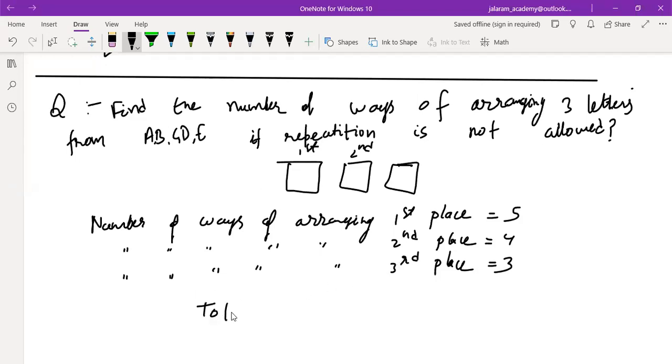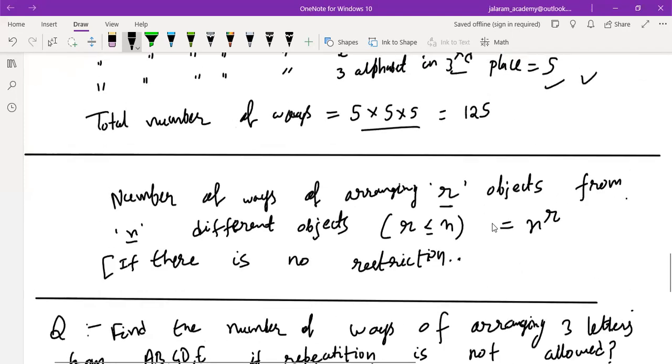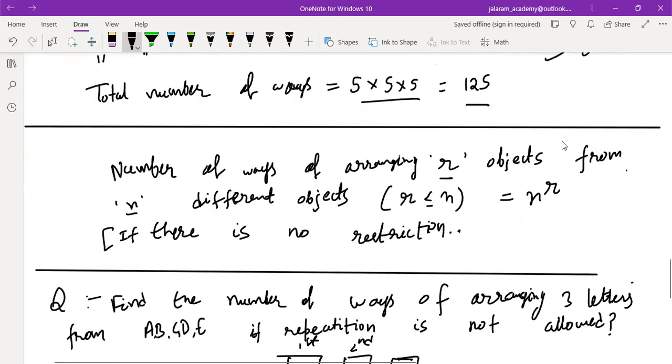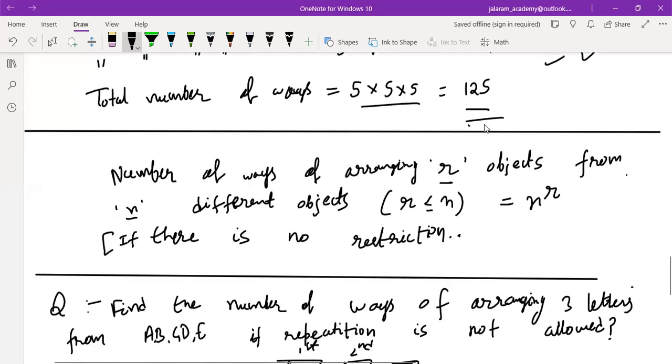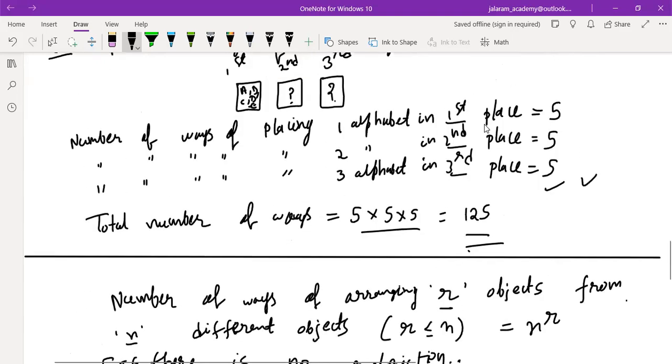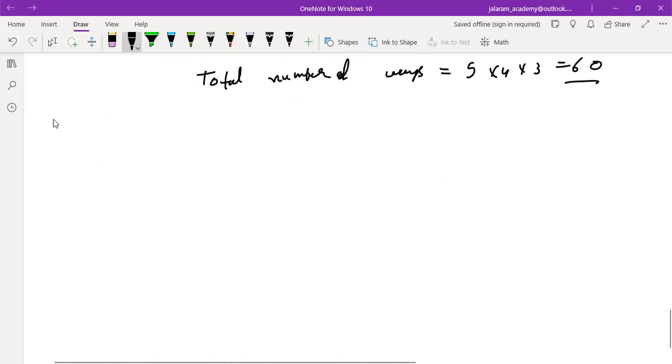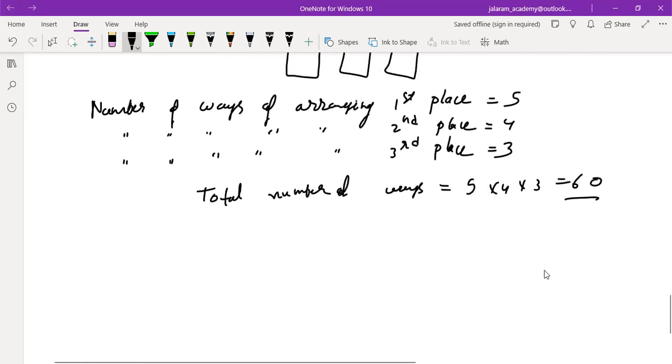So the total number of ways will be 5 into 4 into 3, that is 60. In the previous case, there were 125 arrangements, and in this there are only 60 arrangements. The 65 arrangements are extra, in which at least one letter is repeated, or all the 3 are repeated, like A, B, B or C, C, C. So 60 are such that they have all different letters.